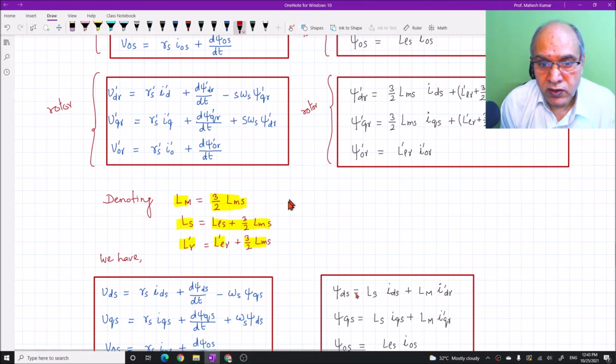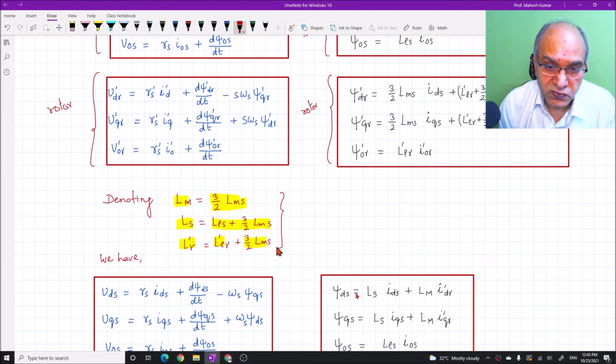These make sense because they give the sense of the self-inductance for the stator and the rotor in the DQ reference frame.